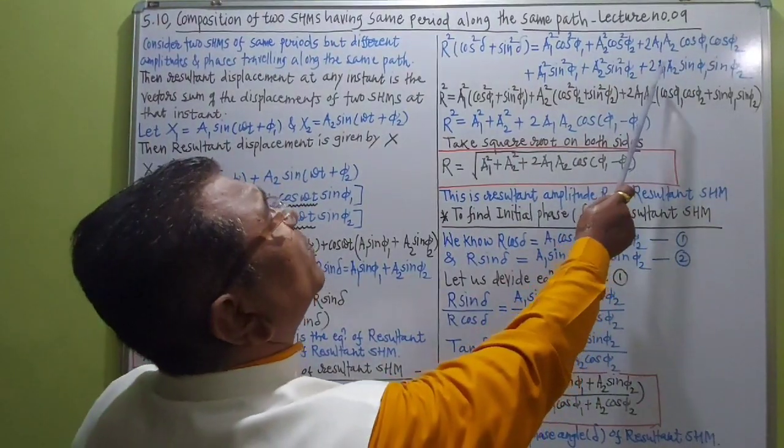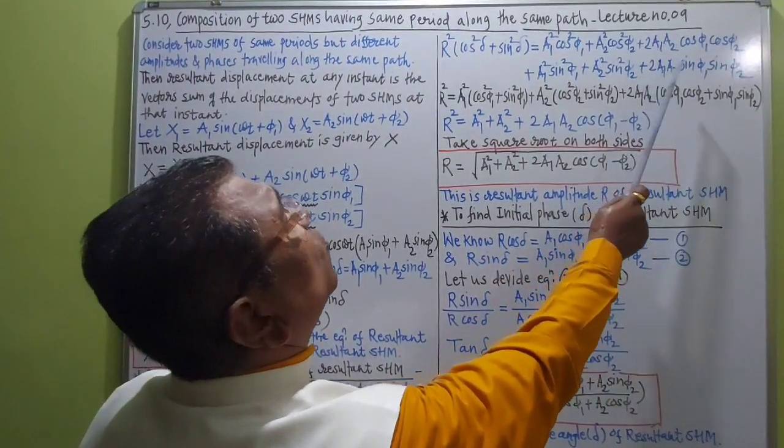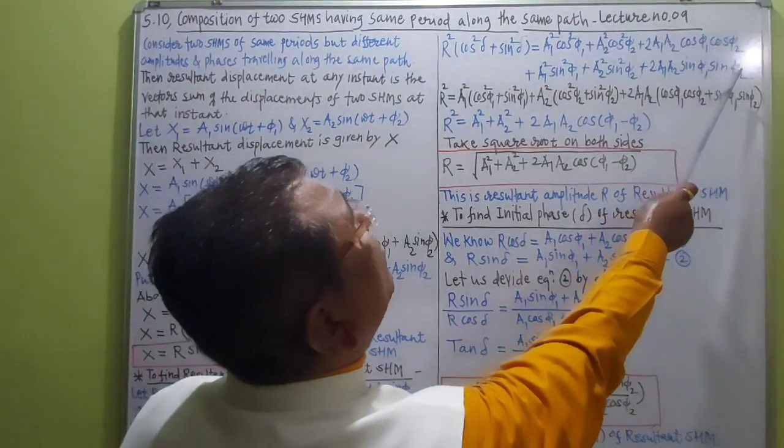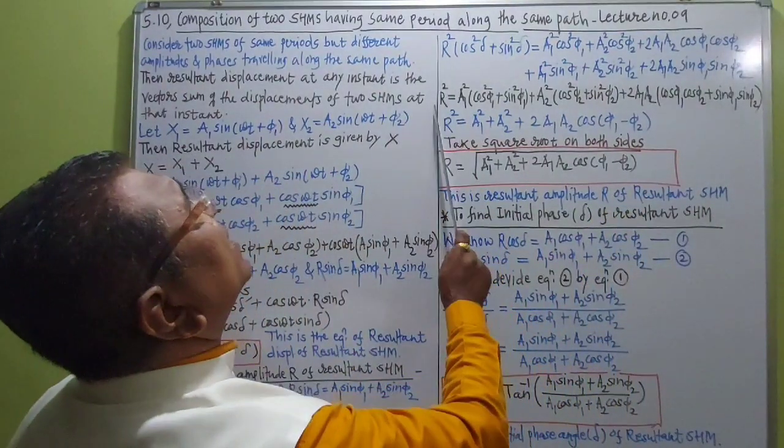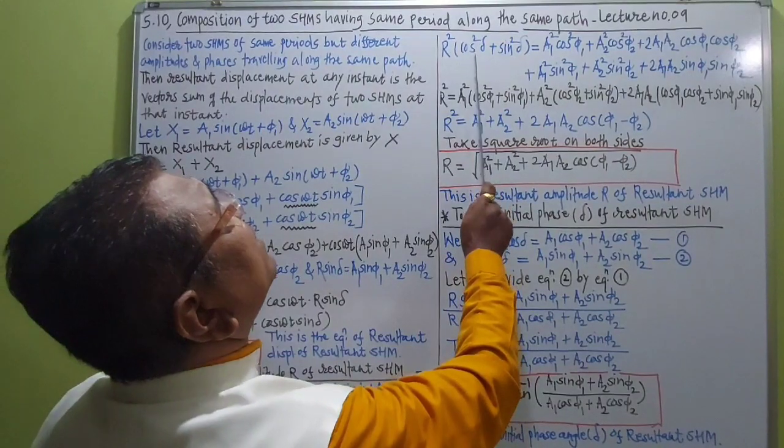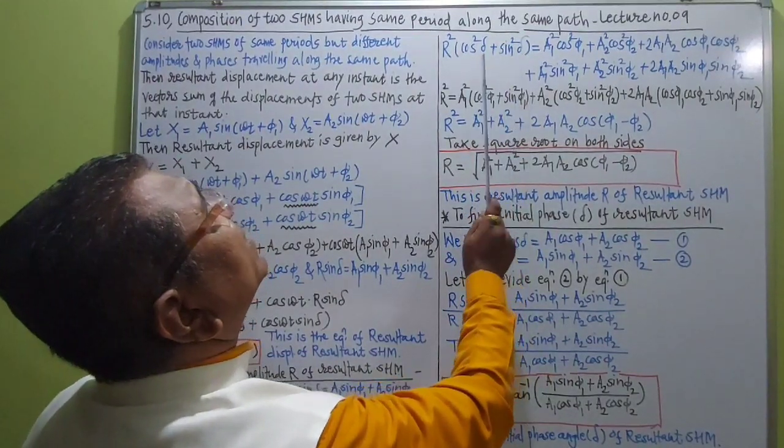Then cos square delta plus sin square delta is equal to 1.